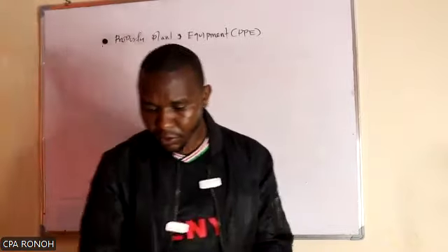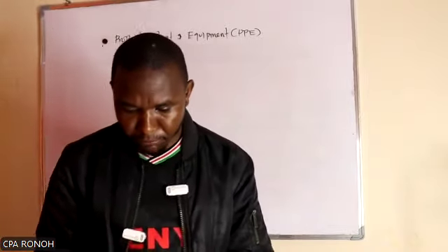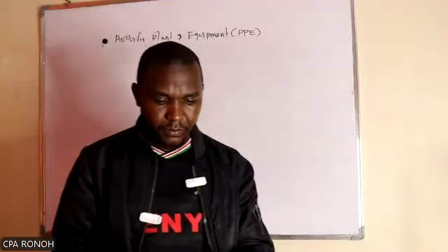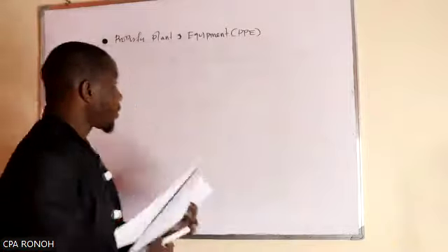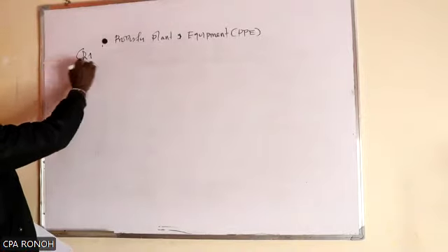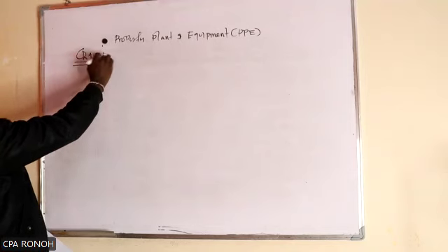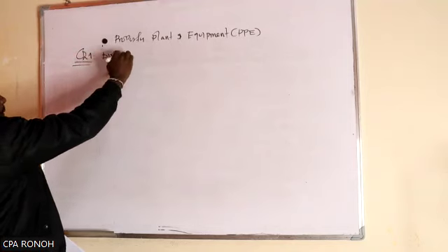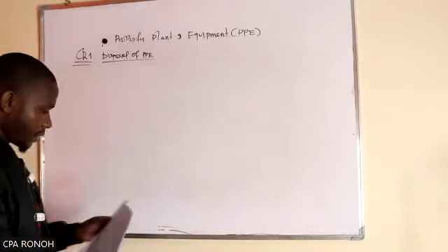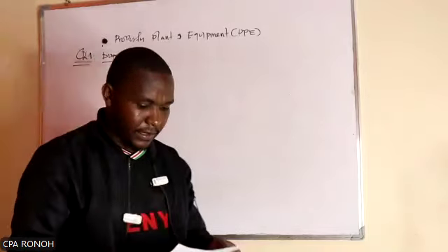So there is this question you sent for the disposal of PPE. It is written disposal of PPE, question 1. That is the topic or the heading which has been written there.